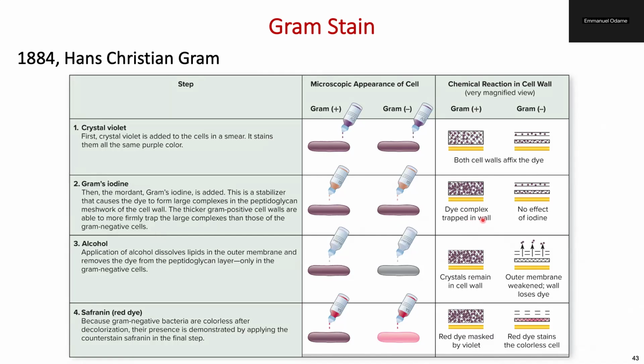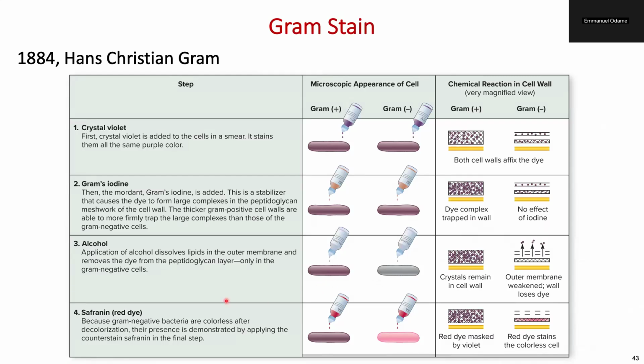So as you can see from here, when you add iodine, it makes them form bigger complexes in the cell wall. Gram-positive is thicker, so it can withstand that pressure. In the gram-negative, there is no effect of the iodine because their cell wall is very thin. The next step is to add alcohol.